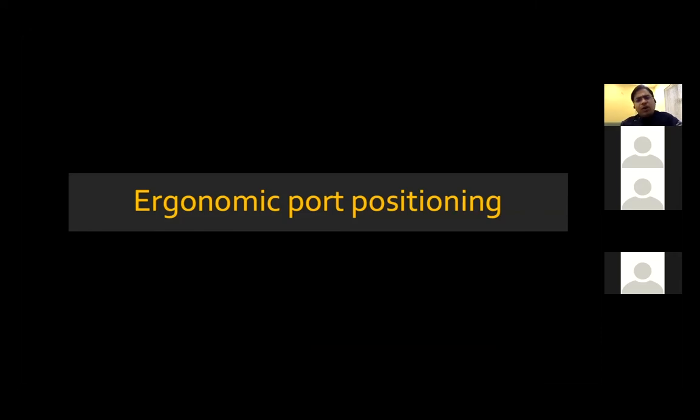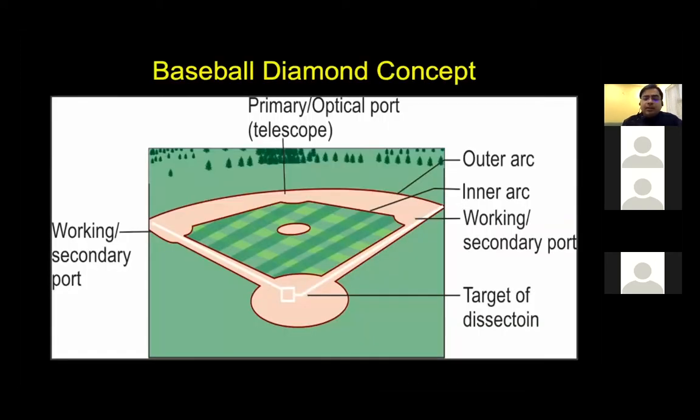Now, to achieve all the ergonomic considerations that we were talking about, the most important thing is placing the ports ergonomically. So the basic concept that we use to place ports is the baseball diamond concept, where you have a target organ in the center, the telescope exactly in the line, and two working ports on the opposite side.